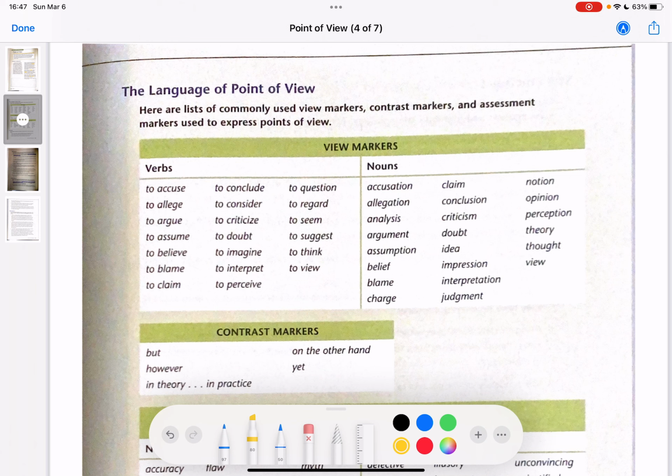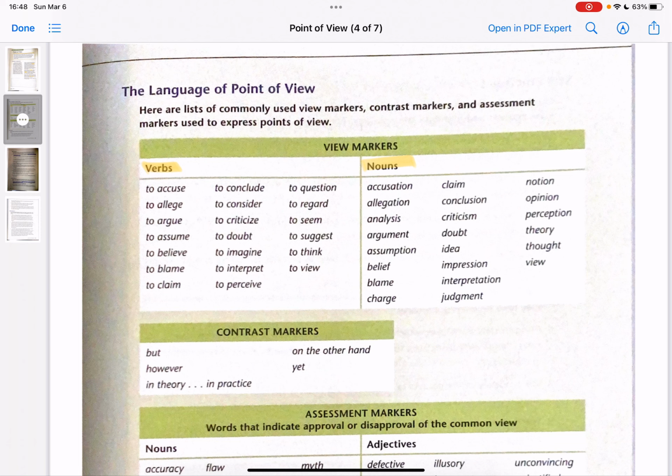So notice that the view markers, there are both verbs and nouns that will tell you that something is a point of view. Some are kind of negative, assumption, but some, like belief, are just really pretty neutral, or idea, impression.